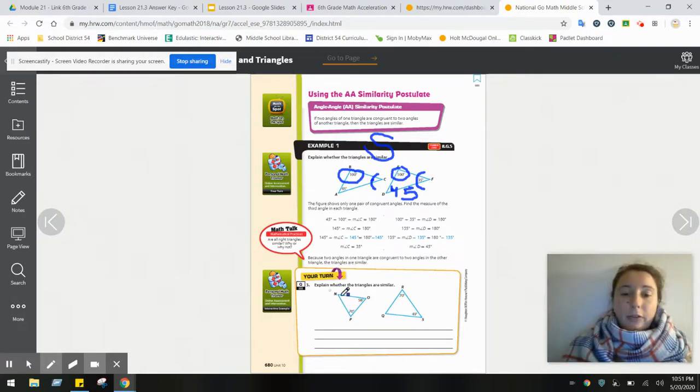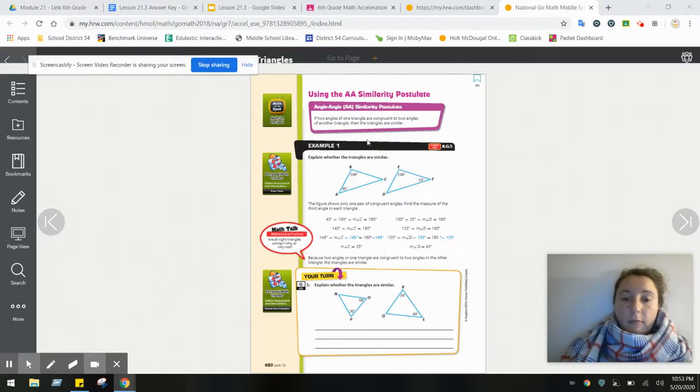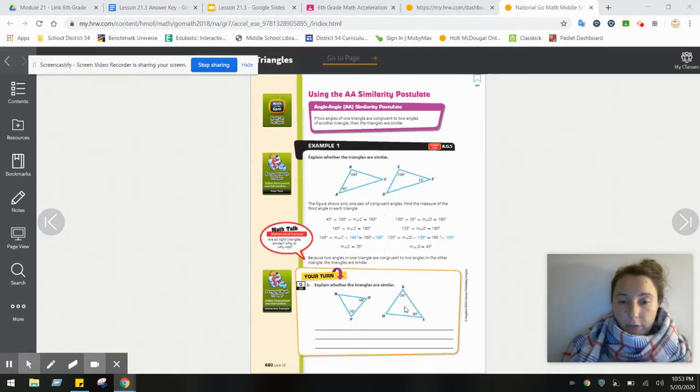Let's figure out whether these triangles in number 3 are similar. If I look at these two triangles, NOP and RSQ, I can see that they do share a similarity in the angles that equal 70 degrees. Now I need to figure out what the other two missing angles are to know whether we can call these triangles similar.